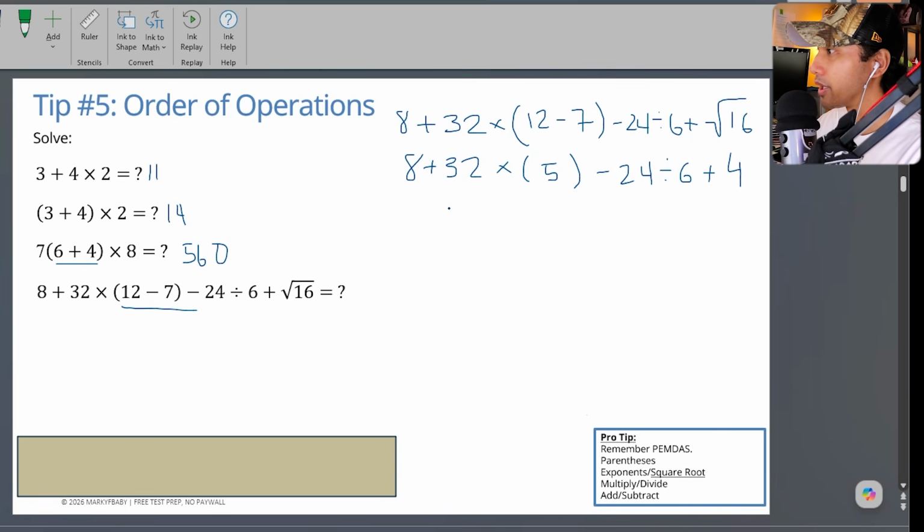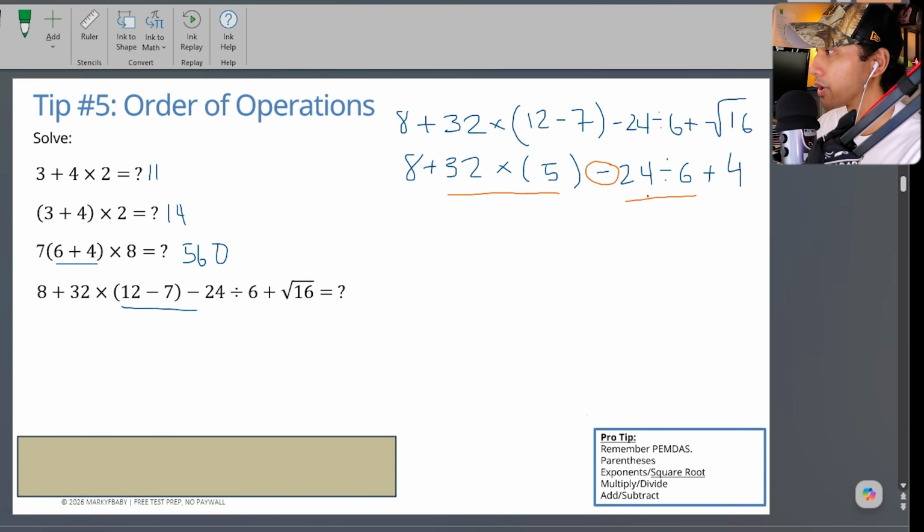And then we check out what we could do next. And what I do see is we have multiplication and we have division. And in this case, we have to be careful because we have a negative here and we need to carry that negative, okay? And what I mean by carry that negative is that the operation is negative 24 divided by 6.